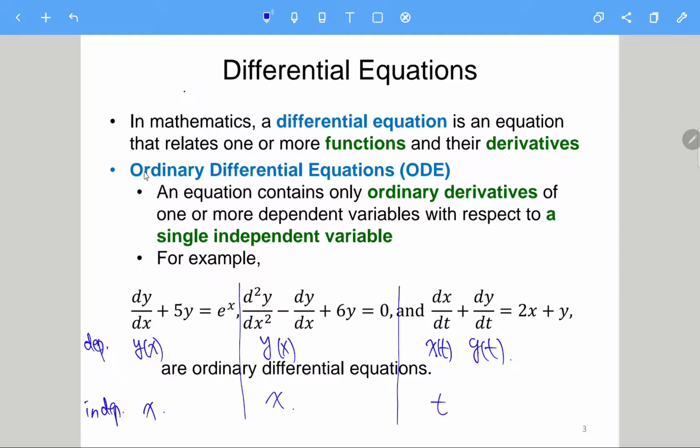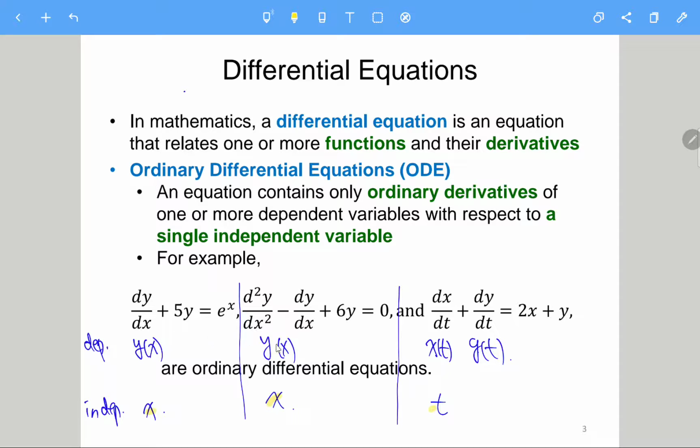So here, the ordinary differential equation consists of only one single independent variable, here x or t, and it may consist of one dependent variable or function, or even more dependent variables or functions.